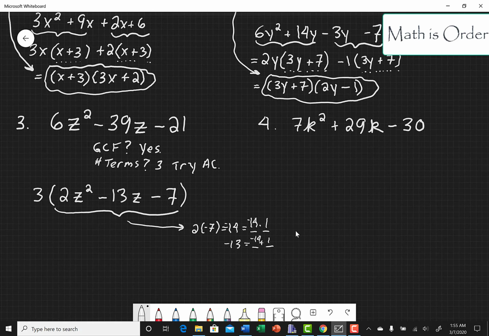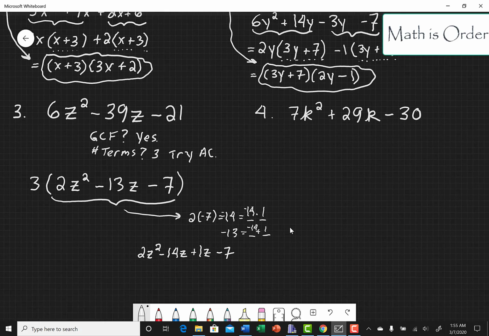So then this, we can go ahead and factor. We rewrite the first term and rewrite the last term and just replace the middle by the 2 factors that we found. So negative 14z plus 1z.